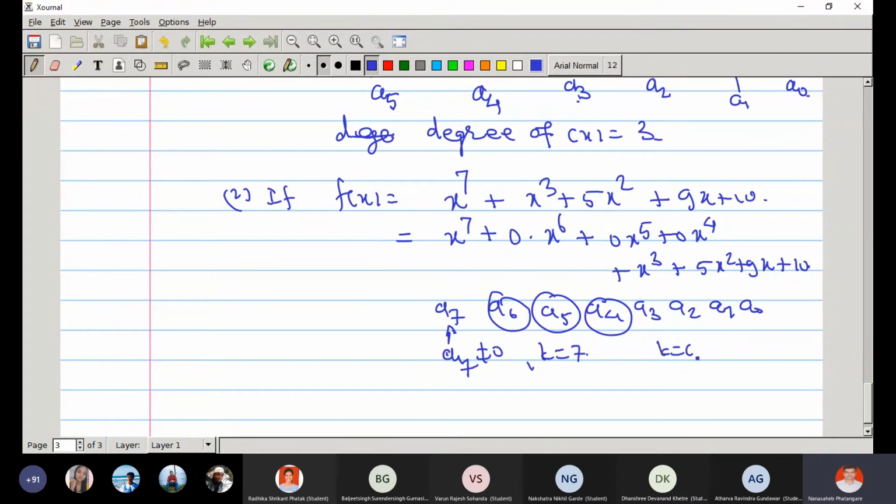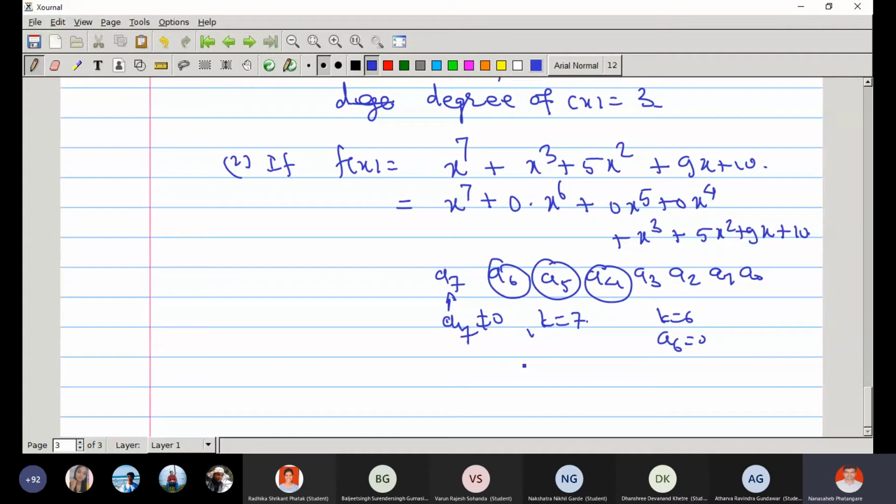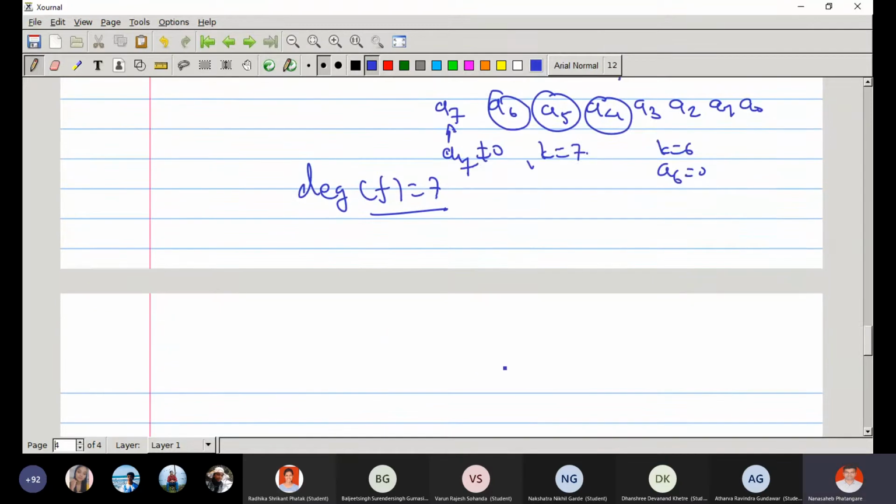If k is equal to 6, then a_6 is 0. Right, so the largest value of k is 7. So the degree of this polynomial is 7.